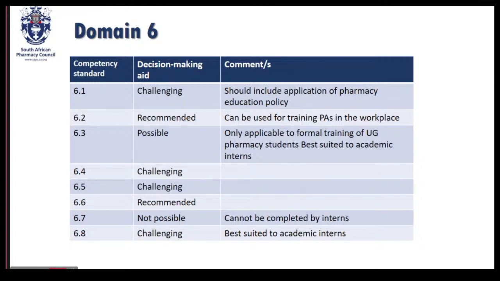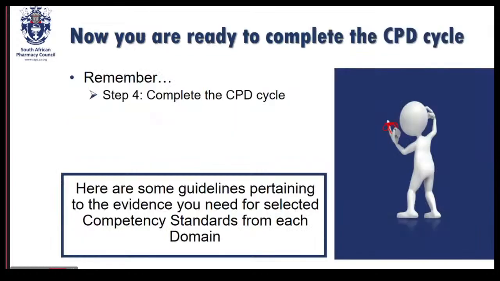It's because 6.2 says practice embedded education or workplace education, and 6.3 applies only to the formal training of undergraduate pharmacy students. A lot of interns struggle here with which one to choose. So if you're doing training of pharmacist assistants, for example, it's 6.2. It's only possible to do 6.3 if you're one of those academic interns who get involved in the teaching program. So make sure you use that.